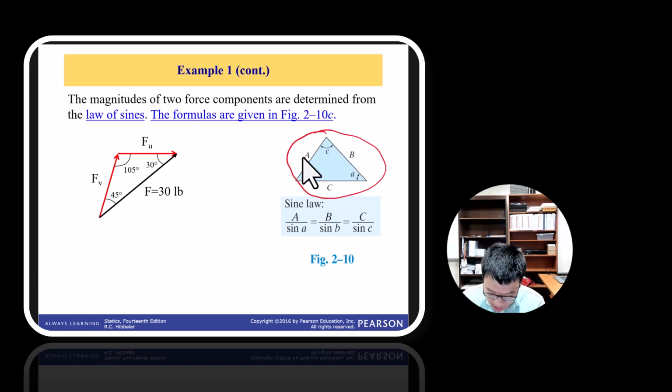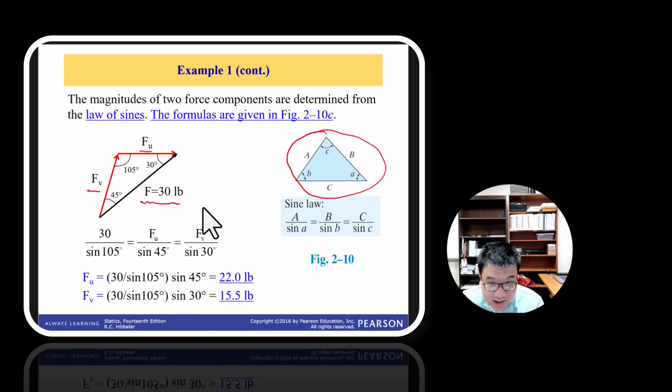Because we already know F equals 30 lb, and we also know all three angles, let's write down the equation.